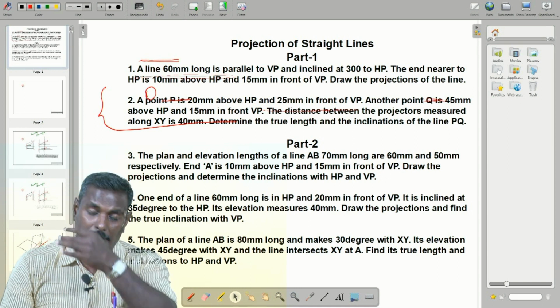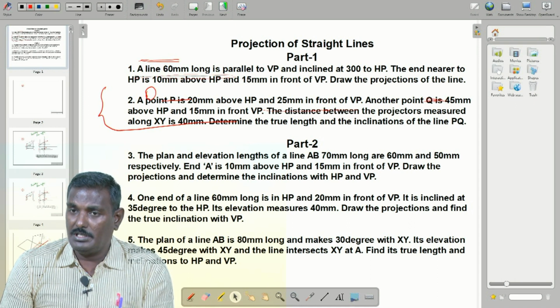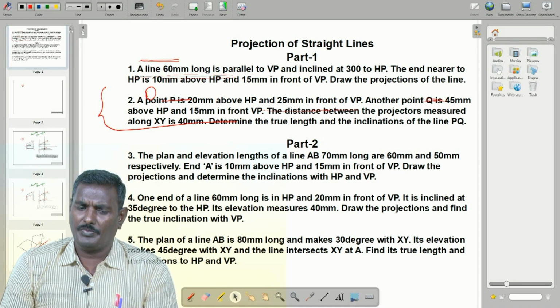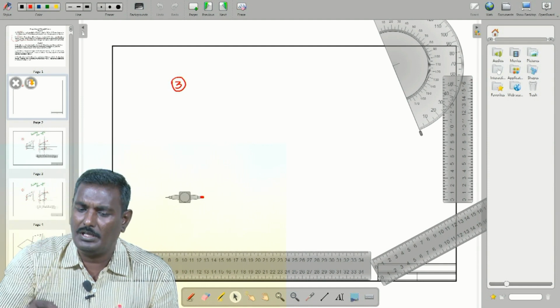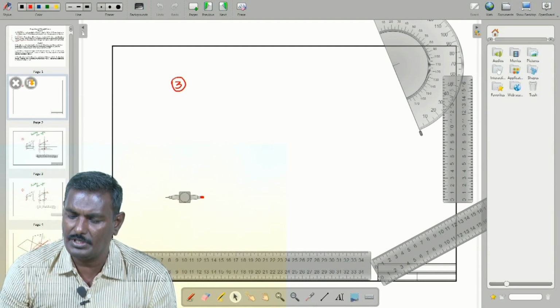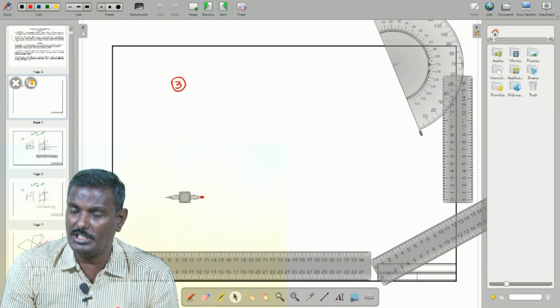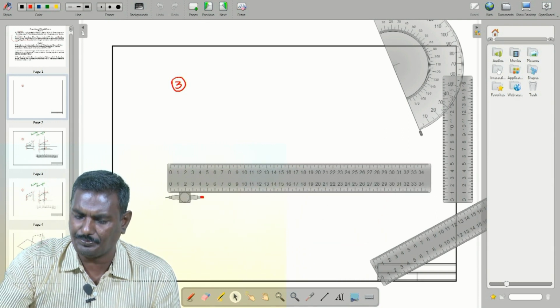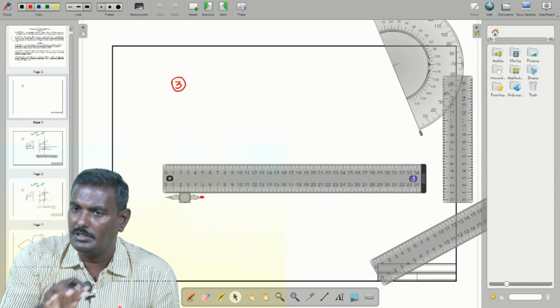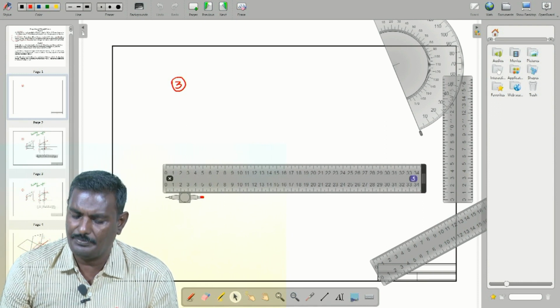Already I stated, whenever we come to projection, we first take the given problem, then take rulers, that is scale. So here I draw an XY line, that is the reference line.